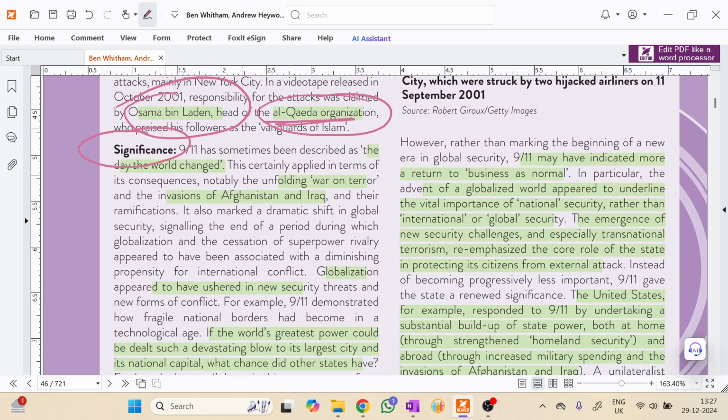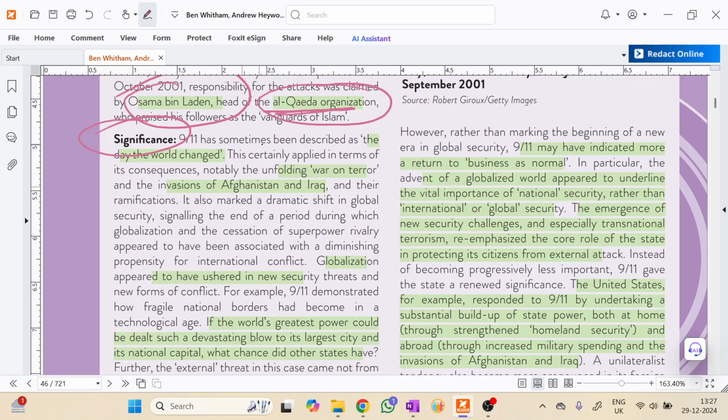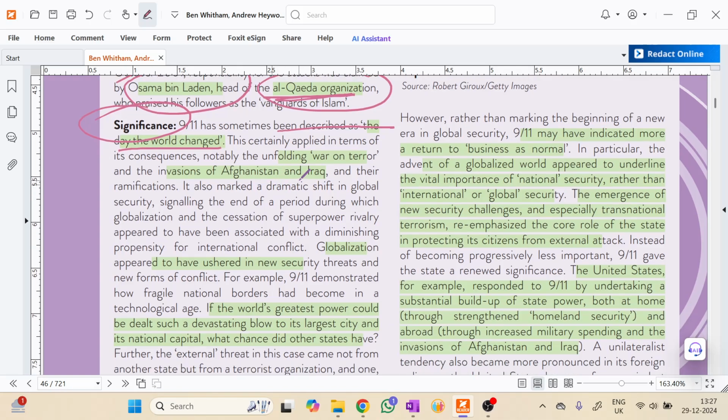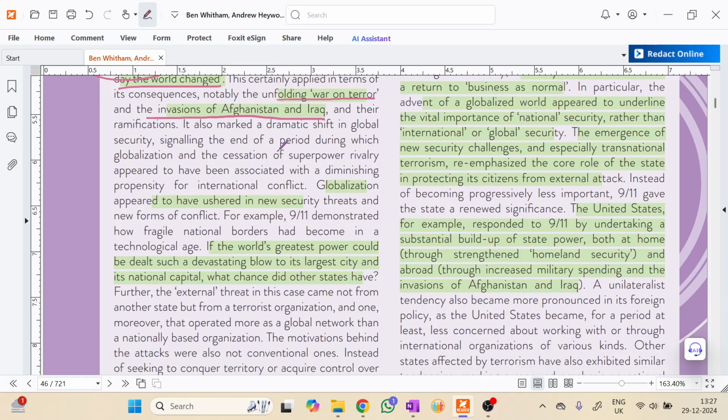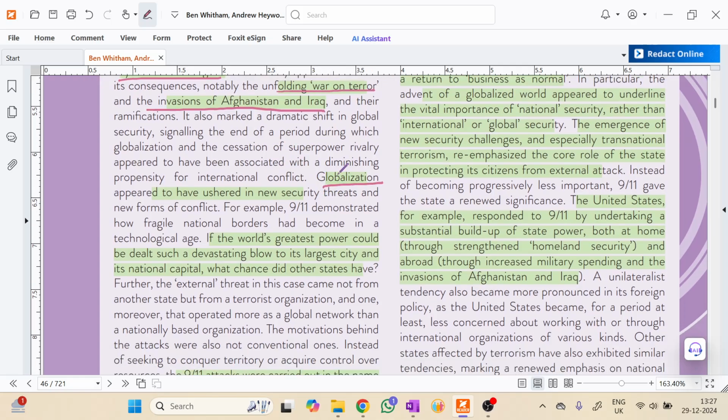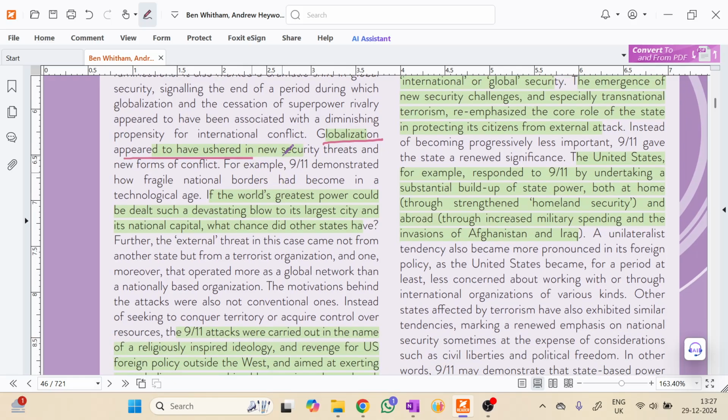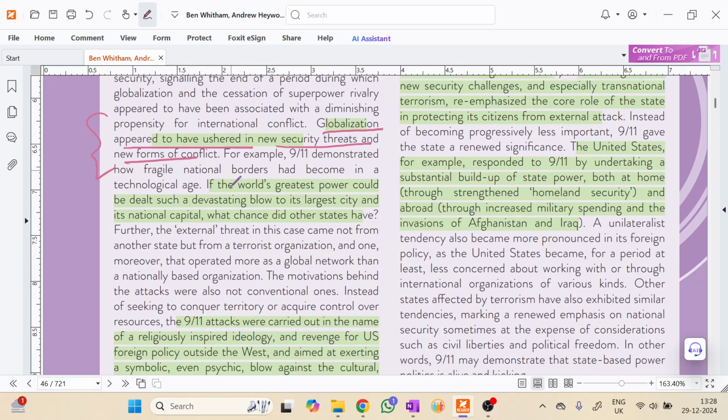The significance of this attack is that it is sometimes described as the day the world changed, and the consequence of which was the unfolding of the war on terror and the invasion of Afghanistan and Iraq. Globalization also appeared to usher in new security threats in the form of violent terrorist attacks.